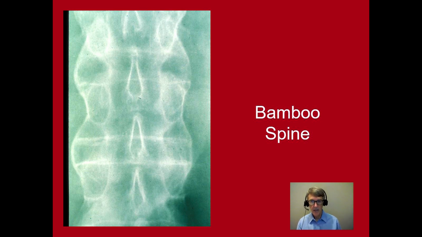pathologic anatomy. This is an X-ray, and this is what we refer to as a bamboo spine. And again, what you see is the normal vertebrae here, you see the annulus fibrosus, and in a normal X-ray that is not seen, and so you just sort of see the vertebrae. In normal X-rays, you see the vertebrae stacked on each other with a gap in between. Here one sees the calcium of the annulus fibrosus.